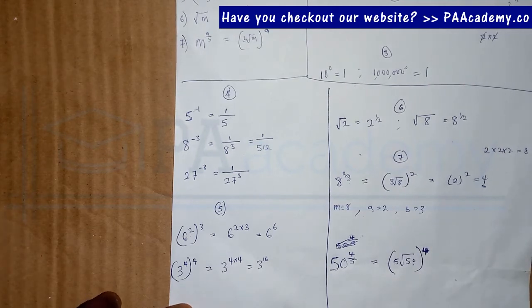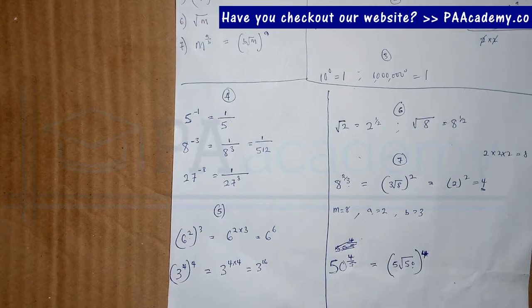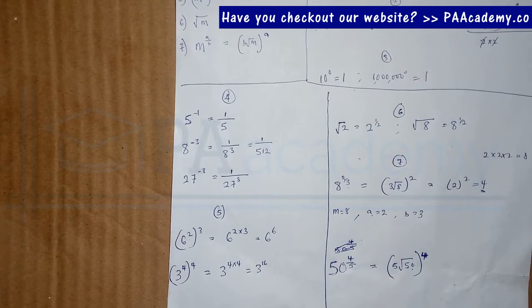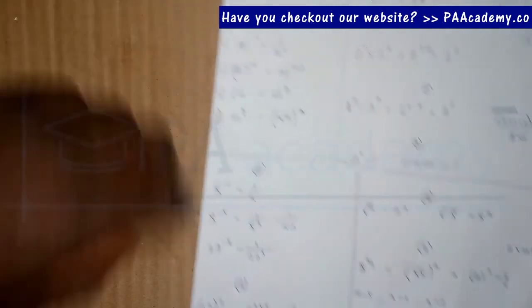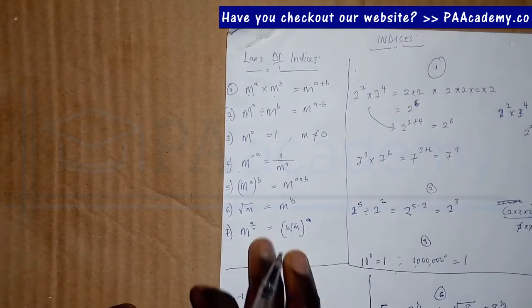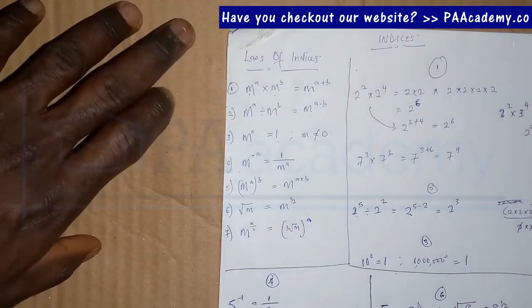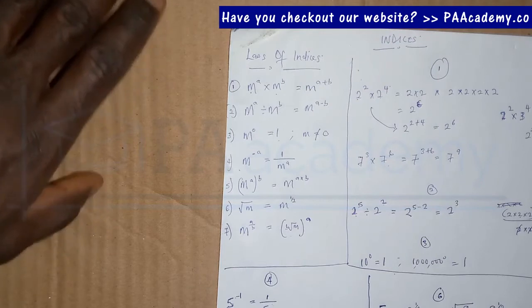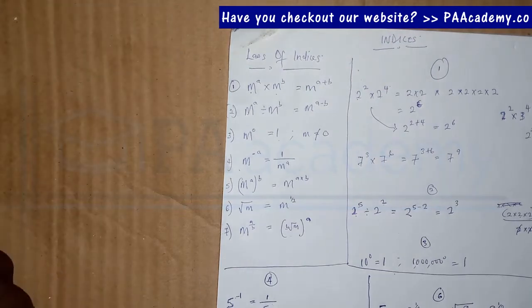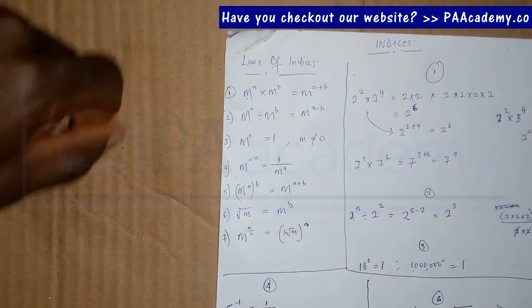With this, I hope you have been able to get the concept of the laws of indices. The next thing I want us to look at are some random examples, where we are going to be using more than one or two of the laws to solve a single question. So let's take a look at that.